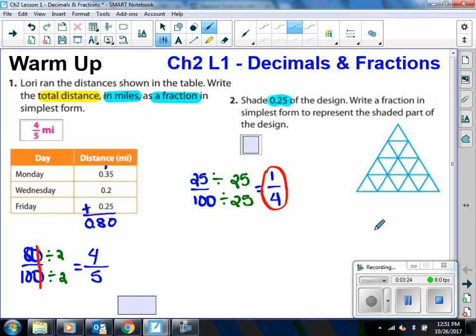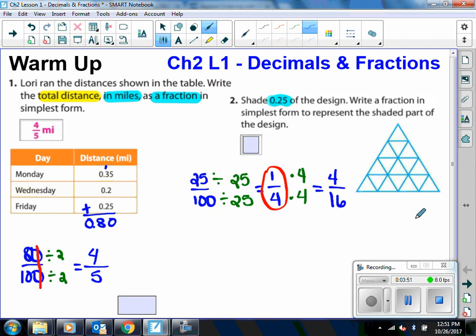Right. So we're going to multiply times 4 here, and we'll multiply times 4 there. So when we do that, we end up with 4/16, where the 16 represents the whole picture, the big triangle, and the 4 represents how many little triangles get shaded. So that means we shade 4 of the little triangles.